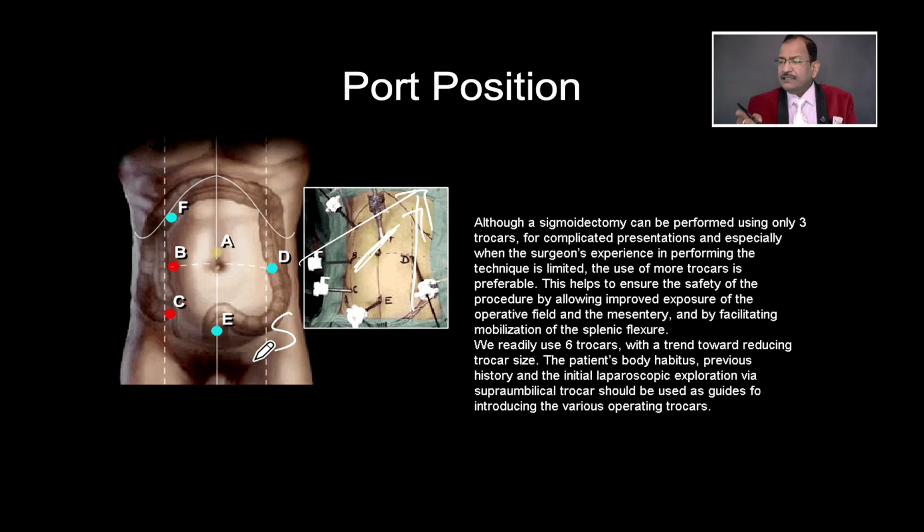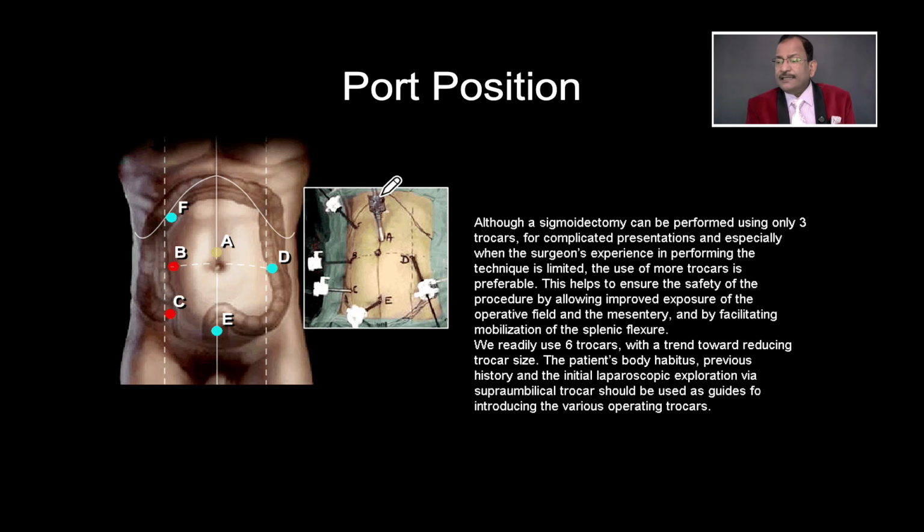You can see you still have 60 degrees. When you do the descending colon, these 2 ports will be used and the telescope will be here. Again you have 60 degrees. When you have to do the sigmoid colon, the telescope will be here and these 2 ports will be used. And when you have to do the rectum, the telescope will be here and these two ports will be used and the surgeon will go near the head.